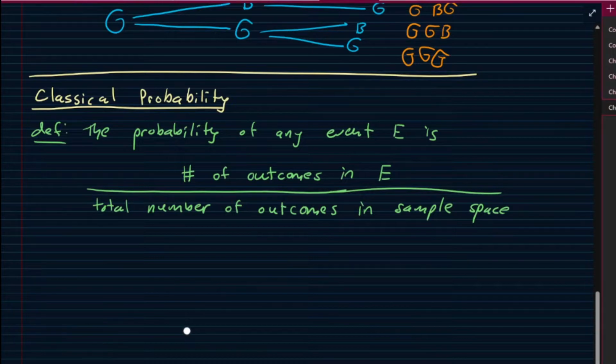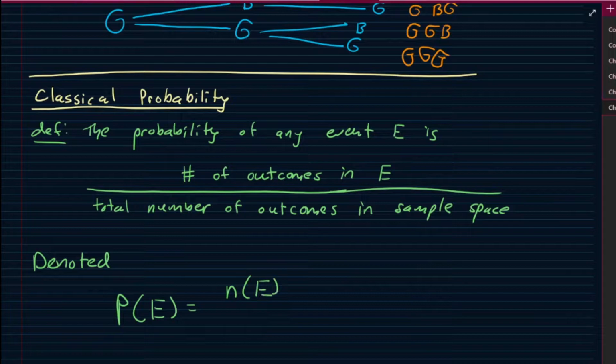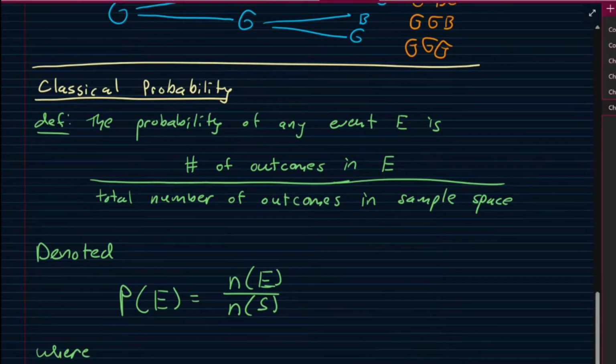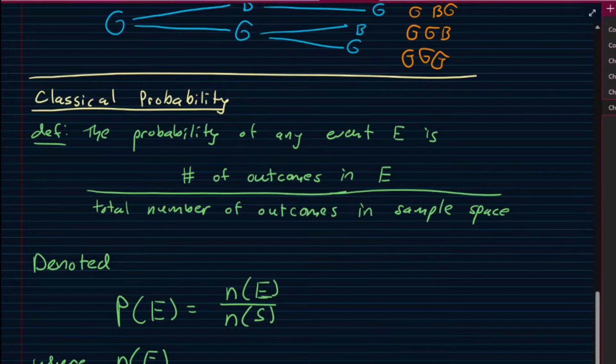It could be denoted like this as well: P of E, which means the probability of E occurring, is equal to N of E over N of S, where N of E is the number of elements in E, and S is the sample space. And that N just means number of elements in.